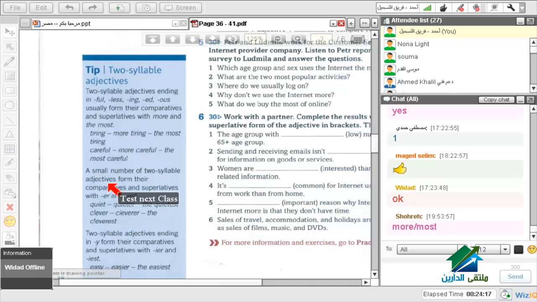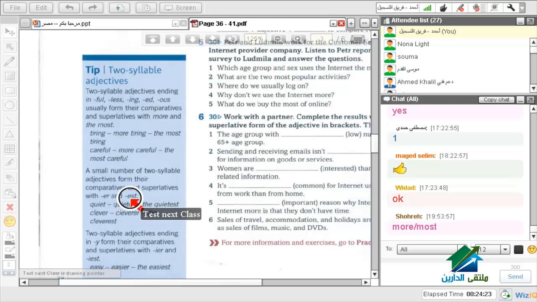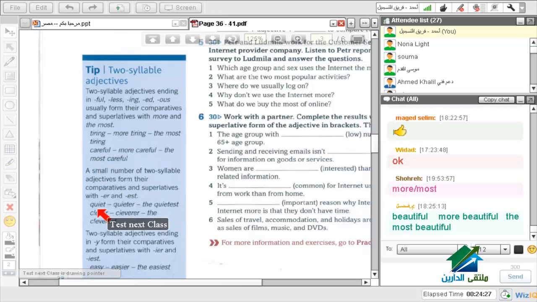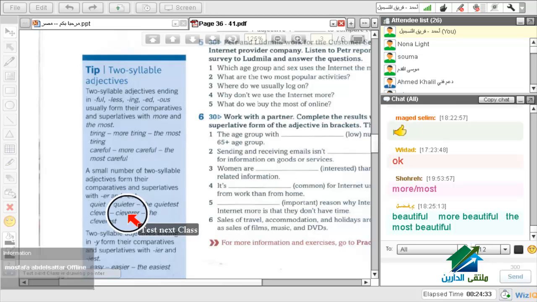A small number of two-syllable adjectives form their comparatives and superlatives with er and est. Small number of two syllables, like quiet, quieter, the quietest, clever, cleverer, the cleverest.